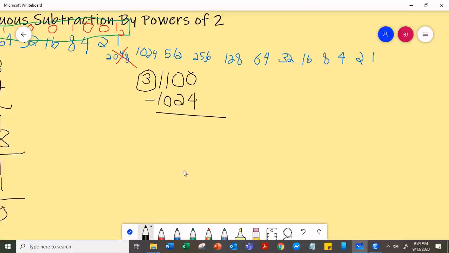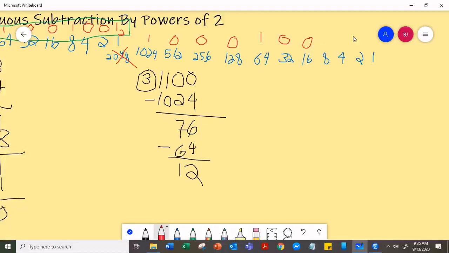So 1100 minus 1024 would be 76. So let's put a 1 here. We can't use 512, we cannot use 256, we can't use 128, but we can use 64. So 76 minus 64 is 12. Can't use 32 and 16, but we can use 8. And we can use 4.